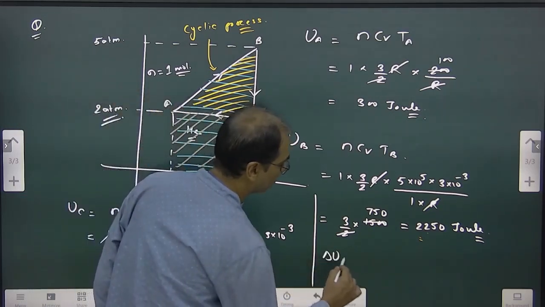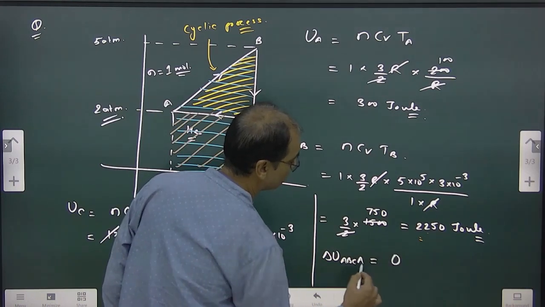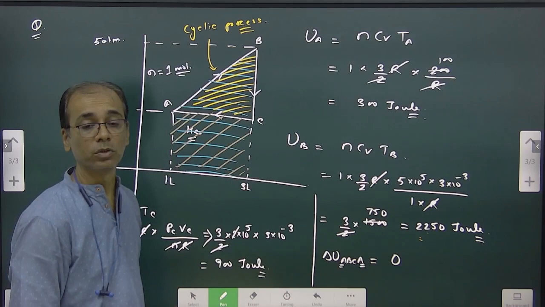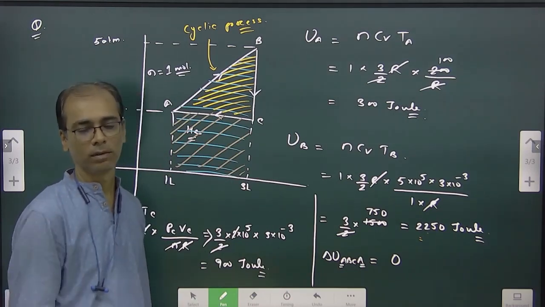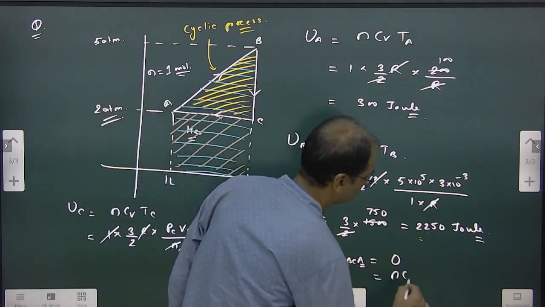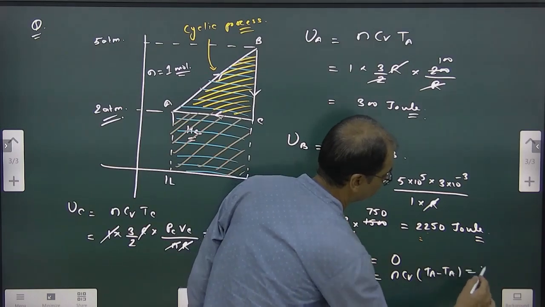Delta U for ABCA is 0 because final position also A, initial position also A. So temperature final is also TA, temperature initial also TA. So nCv, TA minus TA. That's only, no?